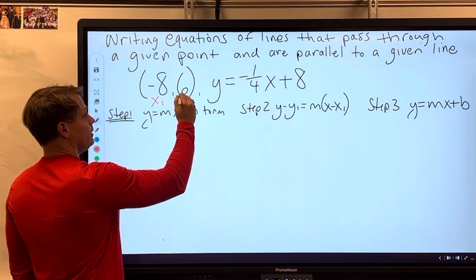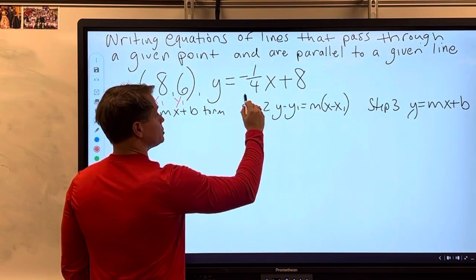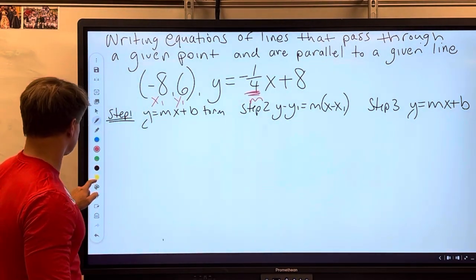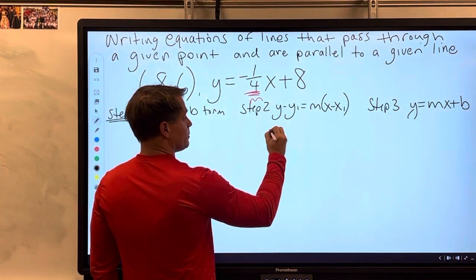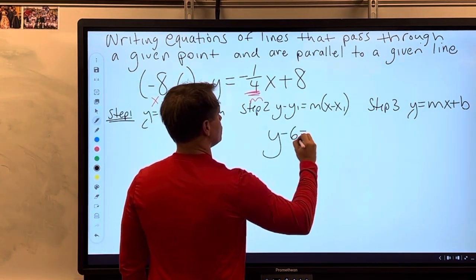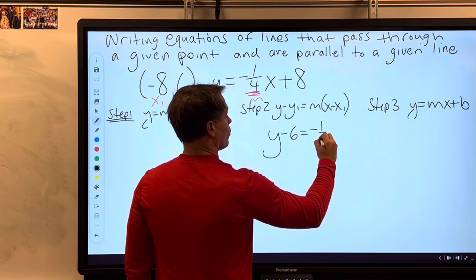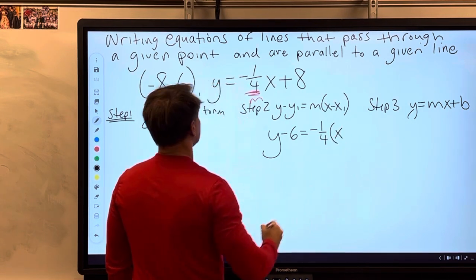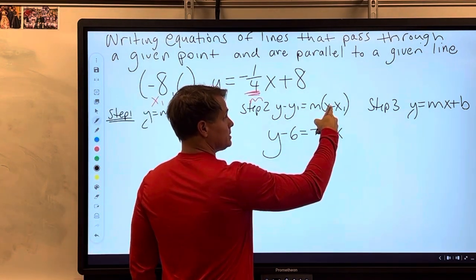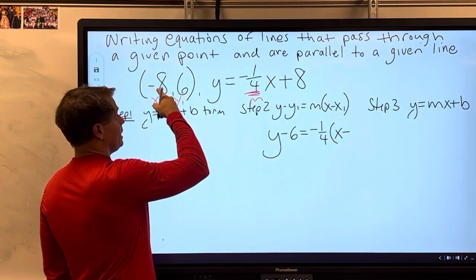Here's x1, here's y1, here's the slope right here, -1/4. So I'm going to write y minus 6 equals the slope, -1/4, and then x minus -8. The minus is from the formula, and then we have a -8 right here.